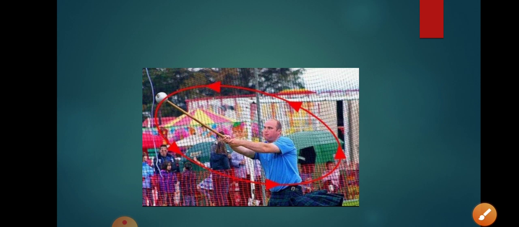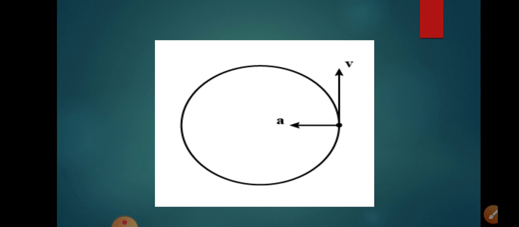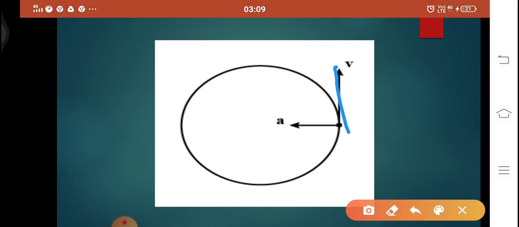See, this is the person. When you release the stone, the stone will go this side, along the direction of the tangent, and the acceleration will be toward the center.